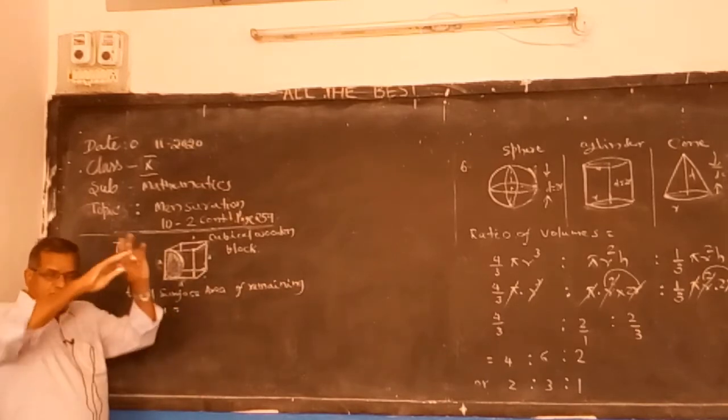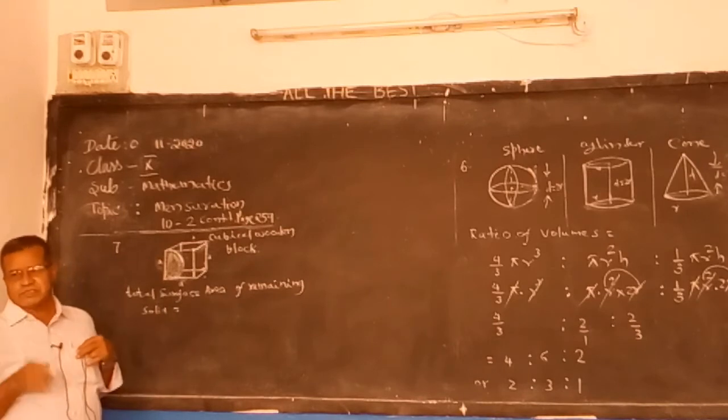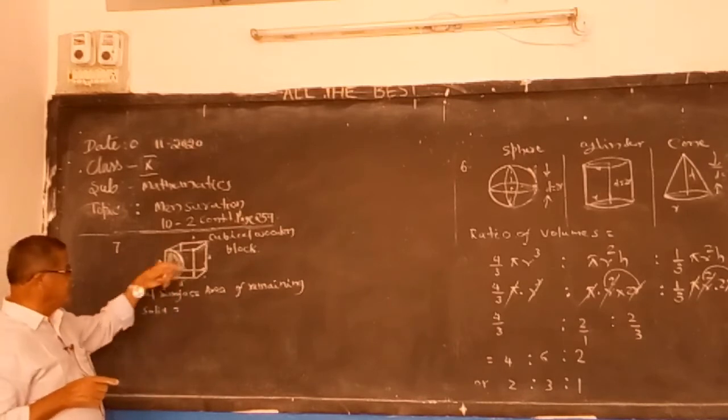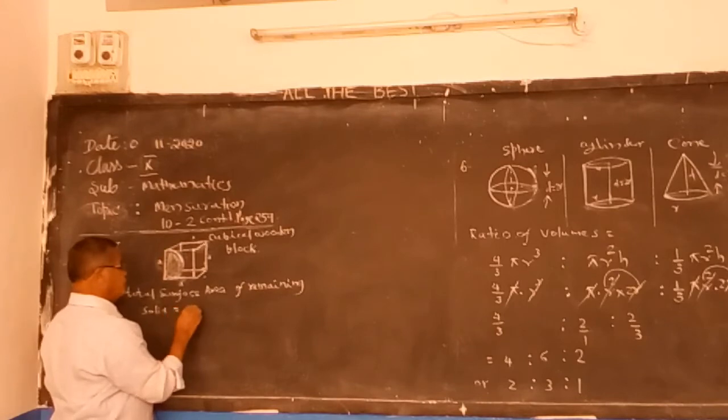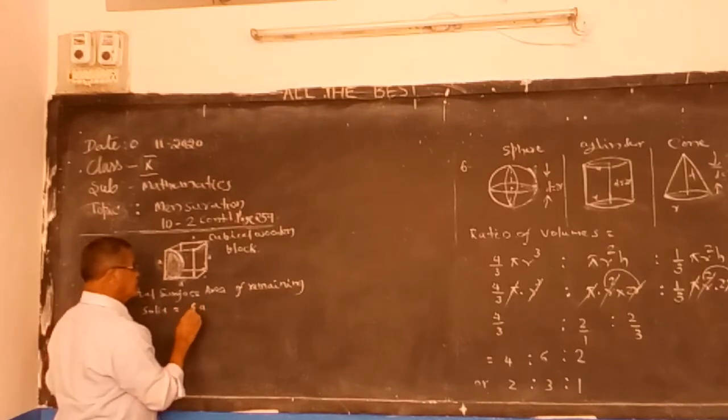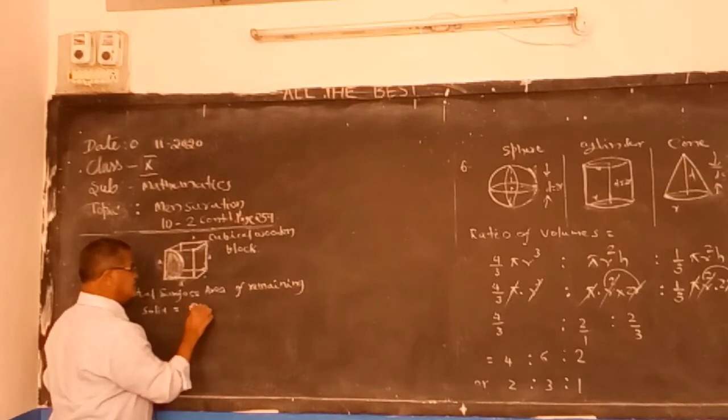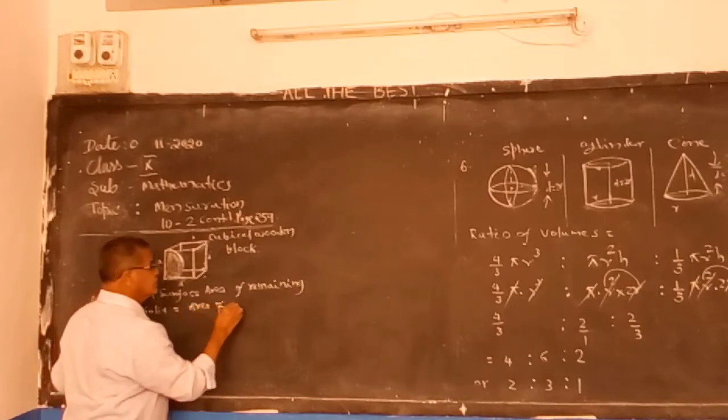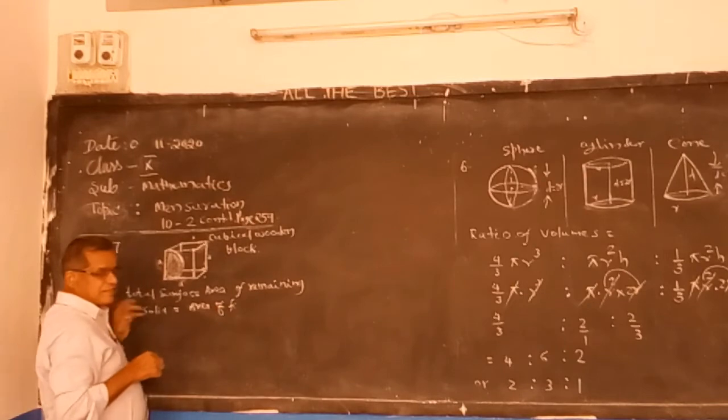see, from one face only we are removing one hemisphere, so the remaining faces are 5. So 5a squared, the area of 5 faces, there are totally 6 faces.